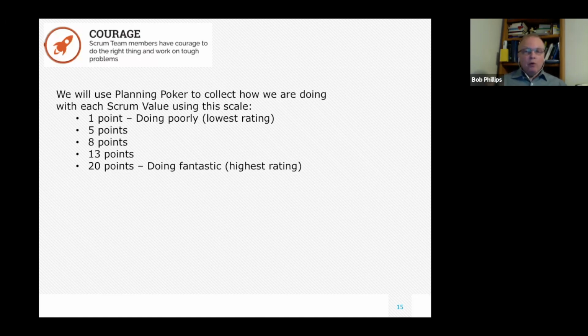And 1 point would mean we're doing really bad, 8 points would say we're in the middle, and 20 points is fantastic. And so for each one, I was asking each team to vote. And then what the Scrum Master would do, like I was in New Jersey and Mohit was in Pune, he would actually take the average, and then we come up with the average.